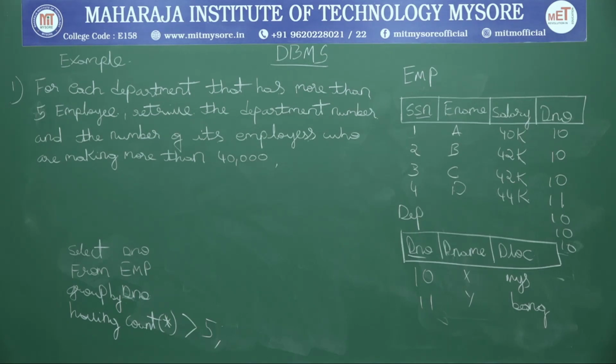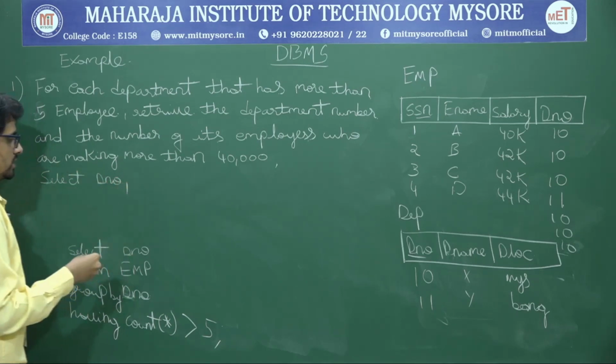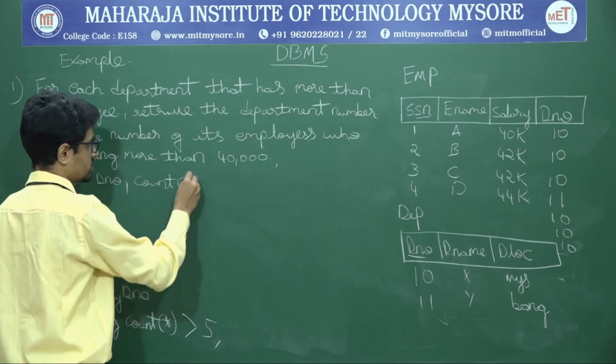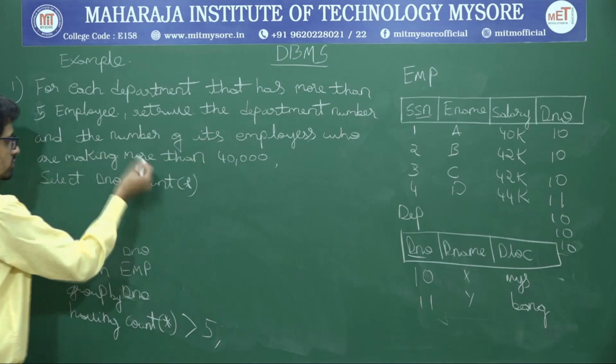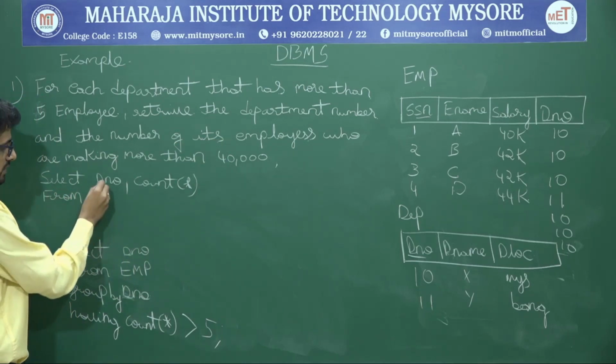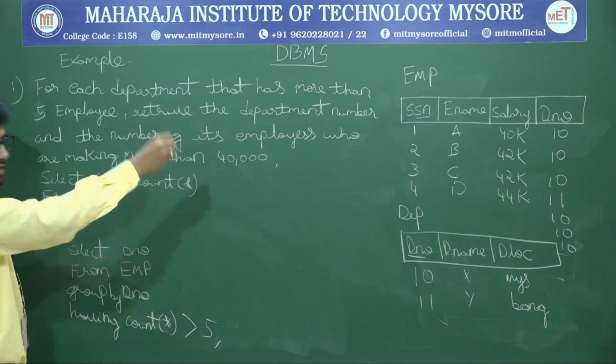Okay, so let us write the outer part now. So select the department number, and we need to apply count star because I want the number of employees who are having more than 40,000. So from which table? When I want department number and count of employees working, I want a join operation first.